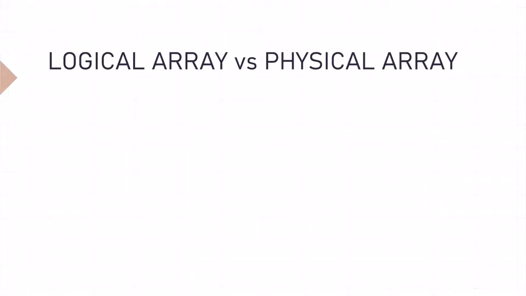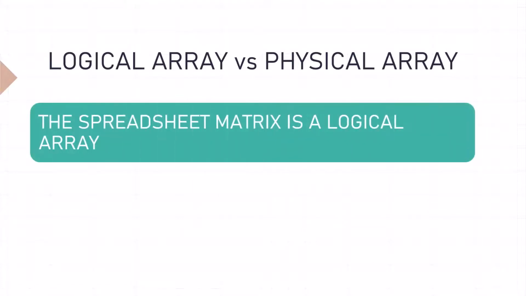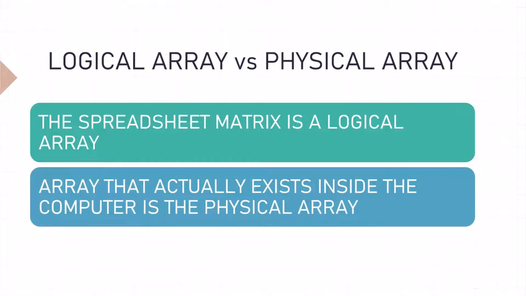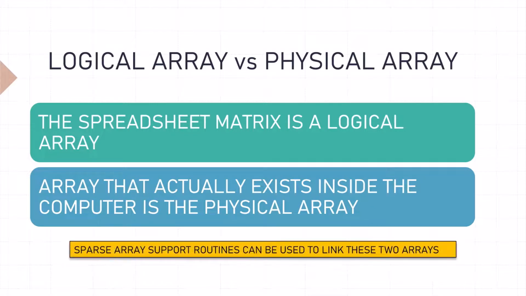Keeping with the spreadsheet example, the spreadsheet matrix itself is the logical array, and the cells that are actually used by us on that spreadsheet would be what constitutes the physical array, that would actually be present in memory. There are, of course, support routines that would link the logical array and the physical array.